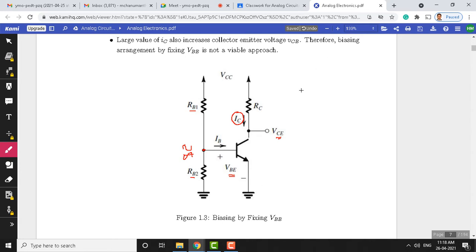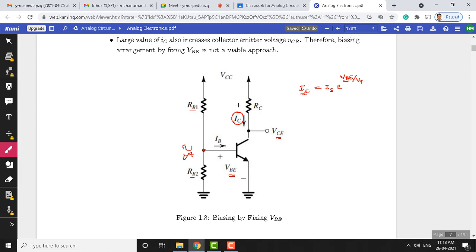Last class I showed you that equation: IC equals reverse saturation current times e to the power of VBE by VT. This is the equation for the collector current and its relationship with the base emitter voltage. Since the base emitter voltage is in an exponential term, any small change in it leads to a big change in the collector current.